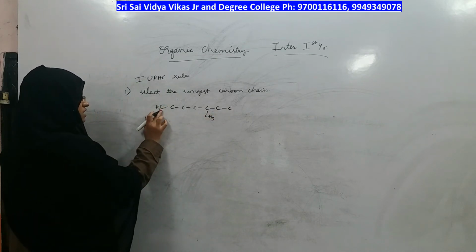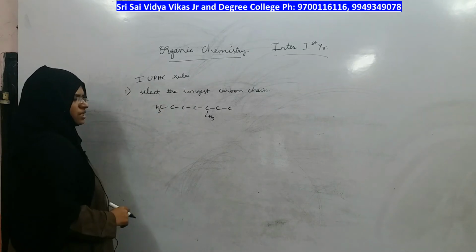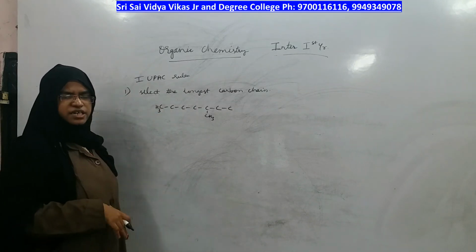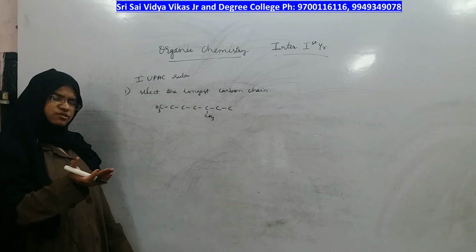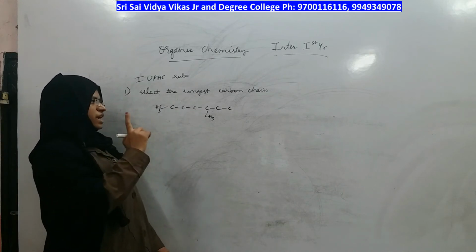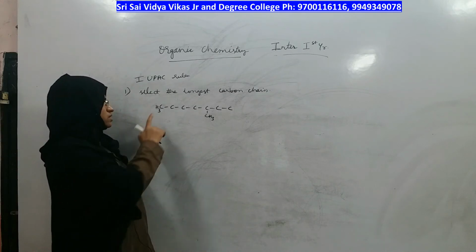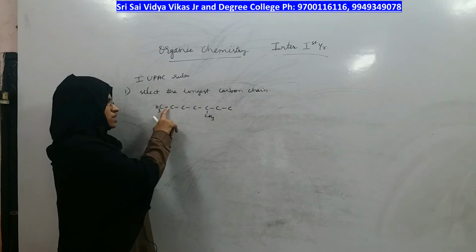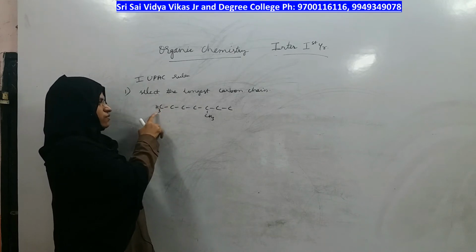Always tetravalency of carbon should be maintained. To get that tetravalency, if functional groups are not there, you should add the required number of hydrogens. Suppose to get tetravalency, it already has one bond. How many hydrogens should I add?